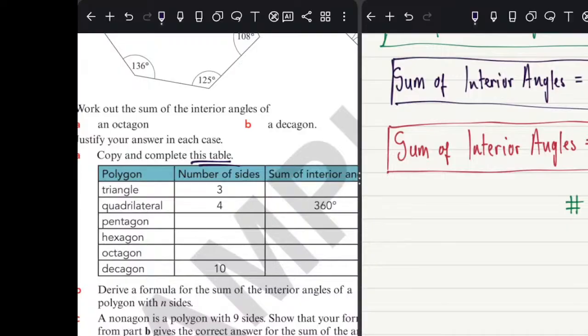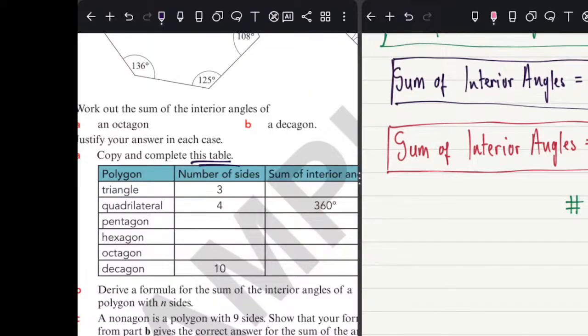The first thing I want you to always know is you need to know the polygons. Where it's hard is people don't know how to find n, because you're going to write this formula down, then you're going to find n, the number of sides.